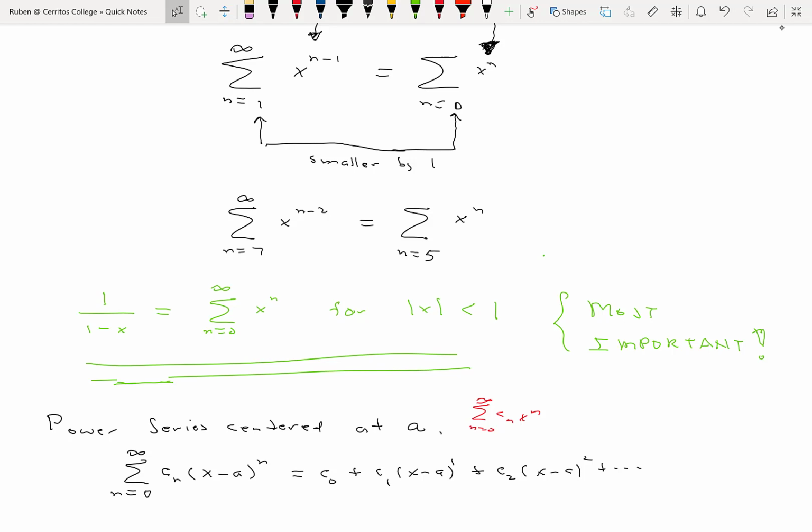So we're going to be looking at sums of c sub n x to the power n, rather than x minus 3 to the n, or x plus 5 to the n, etc.